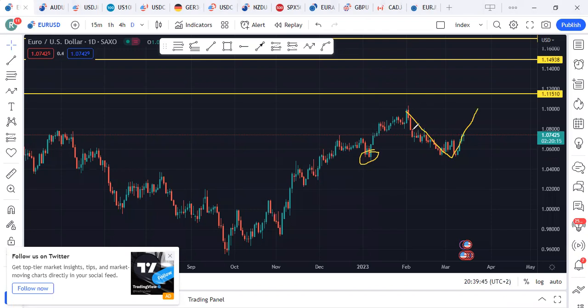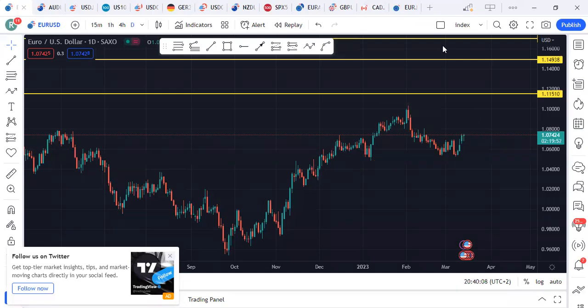We should be able to break some of these areas which are slightly above us before we can think of selling in this market. So as for now, we're looking for buy opportunities on Euro USD on a smaller time frame. But in this particular case, I won't be able to share that with you.